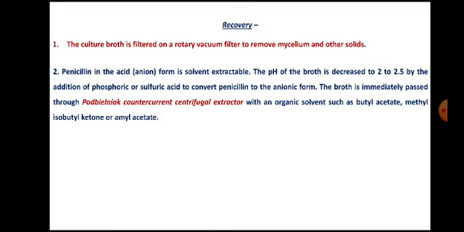So what are the conditions here? First, penicillin is converted to anionic form by the addition of phosphoric acid. The pH will go down to 2.5, and these operations are to be carried out in cold conditions, because we have already learned that acidic conditions will destroy penicillin.